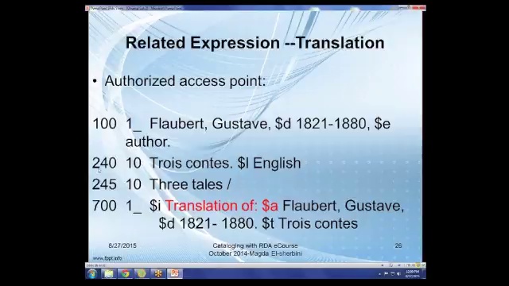However, if you were looking at an anthology or another instance where you had more than one work contained in the resource, and particularly if you had more than one work by more than one author, it would be good to add this 700 field to the record and break out each of the relationships and each of the entities that are found there.